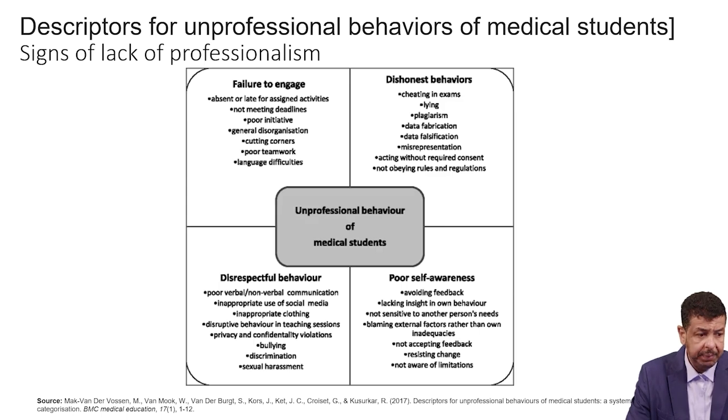Or disrespectful behavior, such as poor verbal and non-verbal communication, inappropriate use of social media, posting photos with patients, inappropriate clothing, disruptive behavior during teaching, attending class late, bullying a colleague, discrimination, and so on.